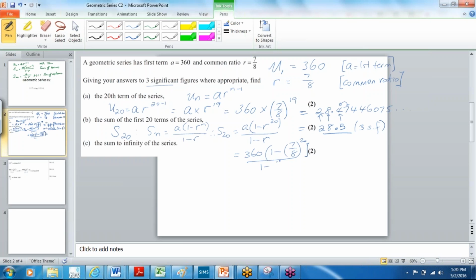I'm just going to go straight to 1 over 8. So 360 times 1 minus, open bracket, 7/8, close bracket, power of 20. Okay, that's in brackets for the numerator. And divide by 8, and times by 8, because it's quicker.